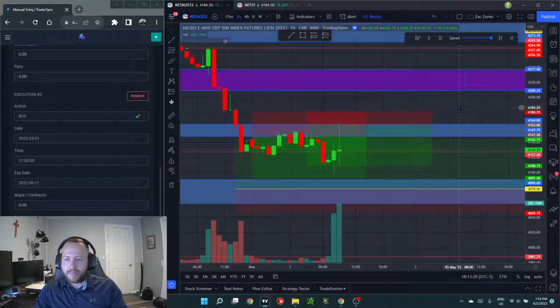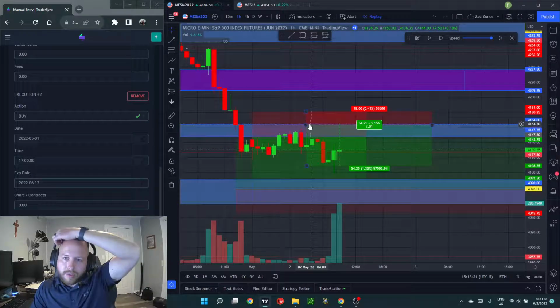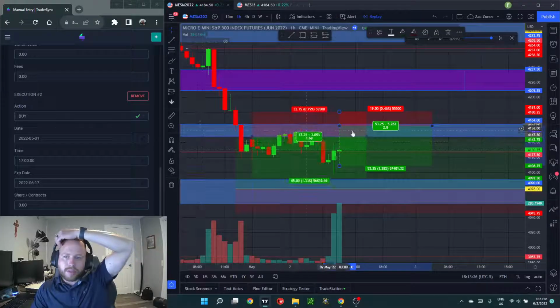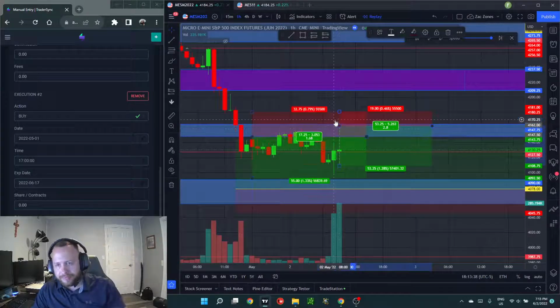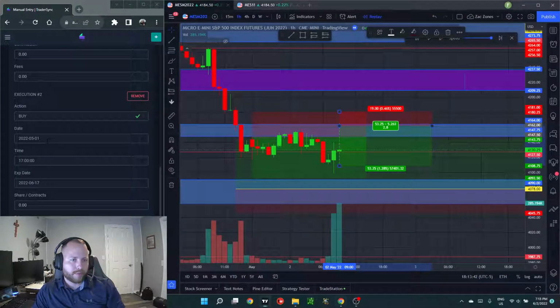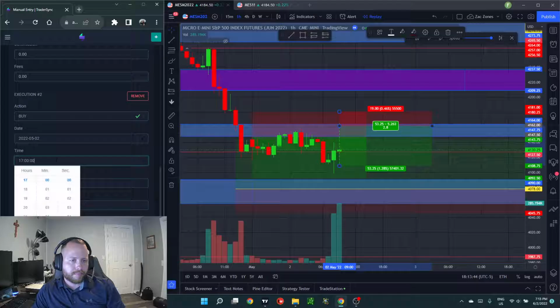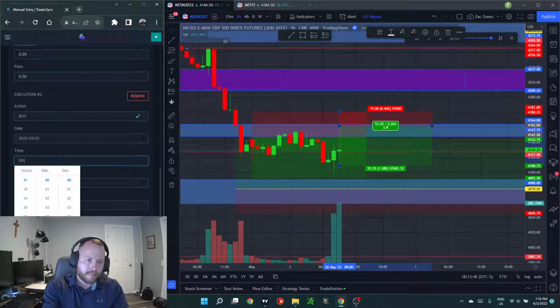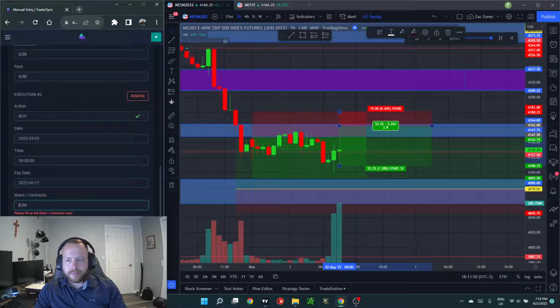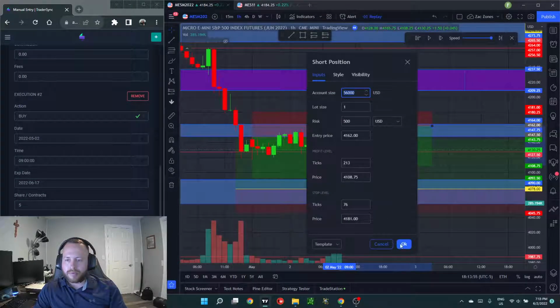Oh, there it is. All right, so the type 2 got filled. Execution number 2 is going to be the type 2. That gets filled on the 2nd of May at 9 o'clock in the morning. Five contracts for a price of $41.62.